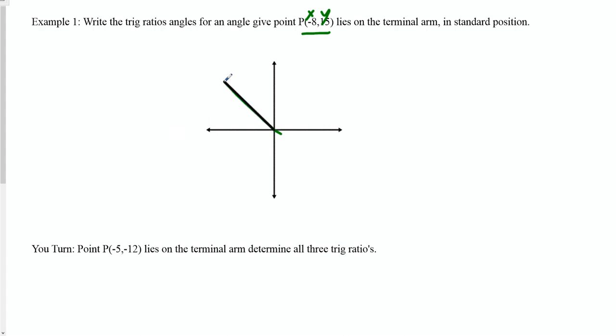Okay, so I have my points at -8 and 15. Now these are just sketches. Sorry, I don't know why it's changing color like this, but that doesn't really matter here. So what we want to do is we want to find the trig ratios for this angle here, okay?